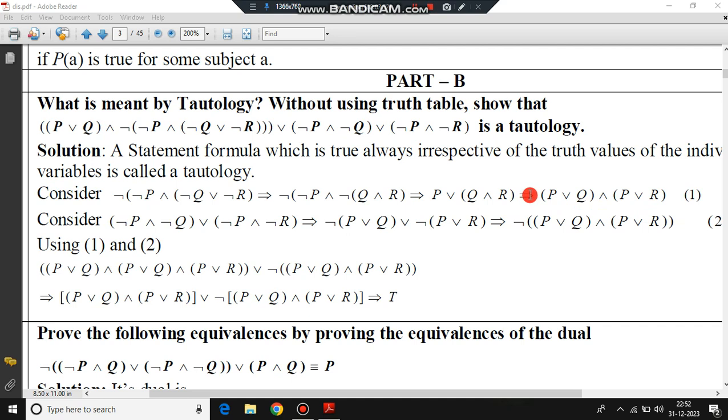Now consider the other part, from here to here, of the given equivalence formula.